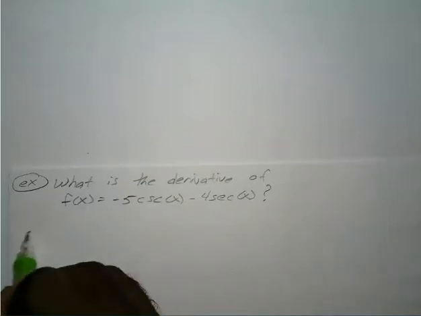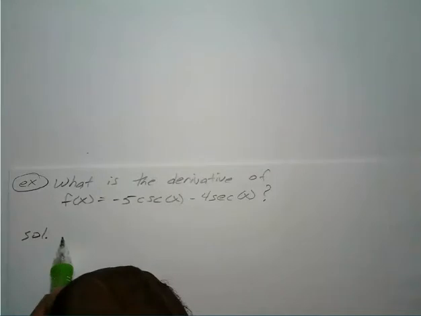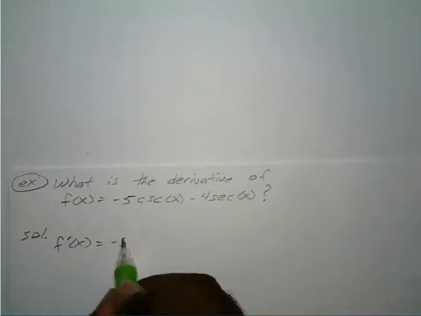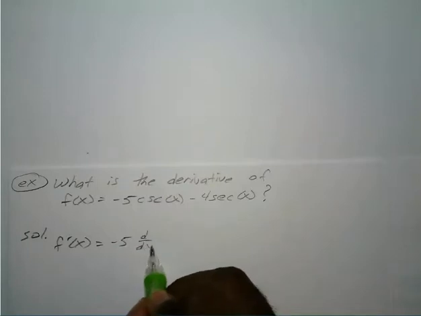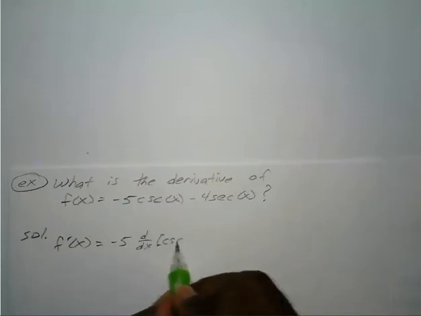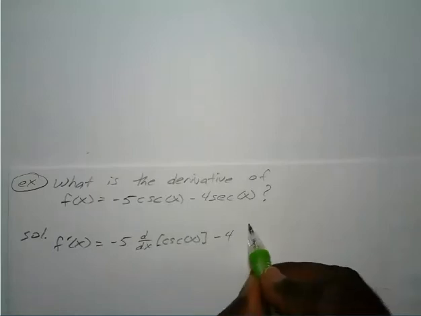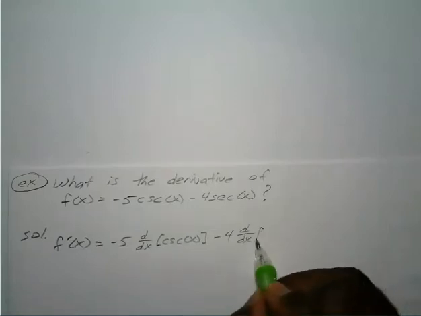All right, so to find that derivative, we know that our f prime of x is going to equal negative 5 times the derivative of cosecant, minus 4 times the derivative of secant.